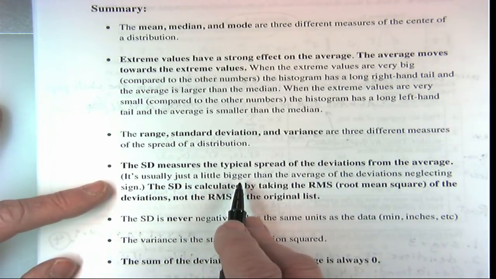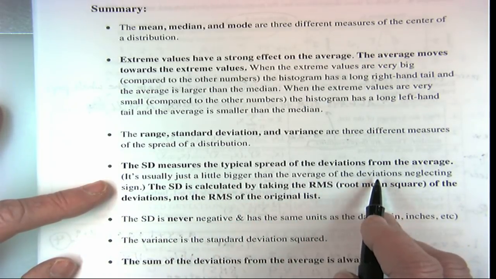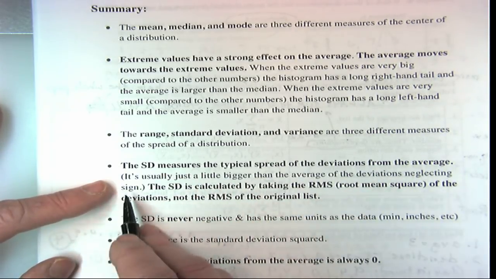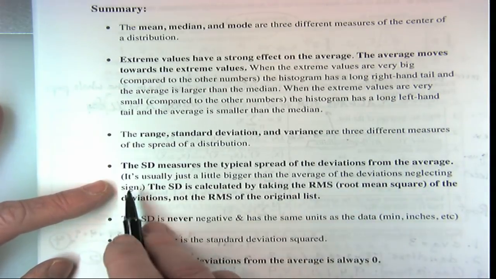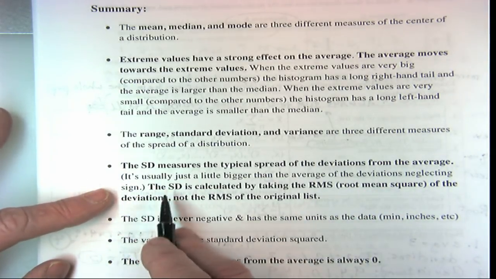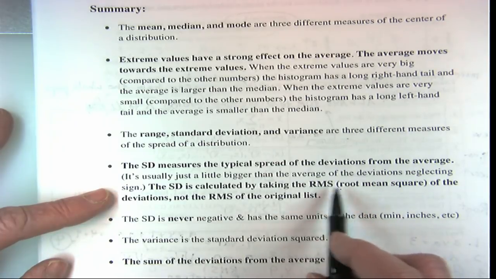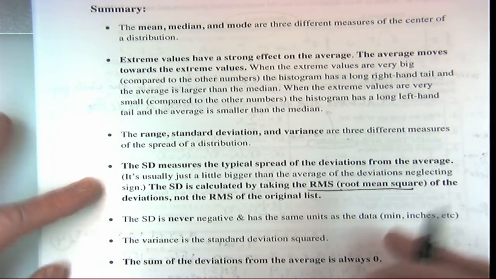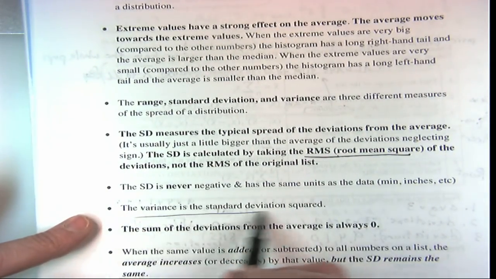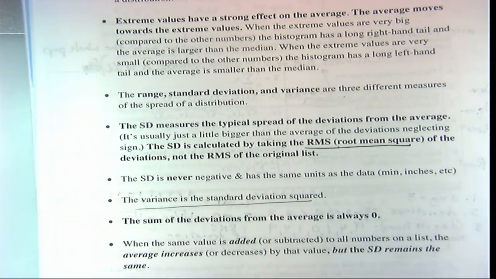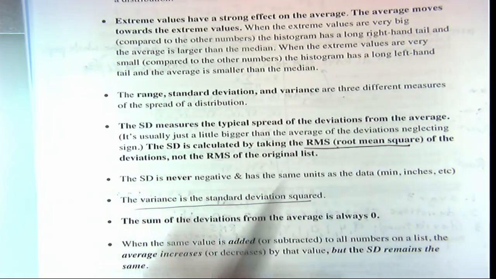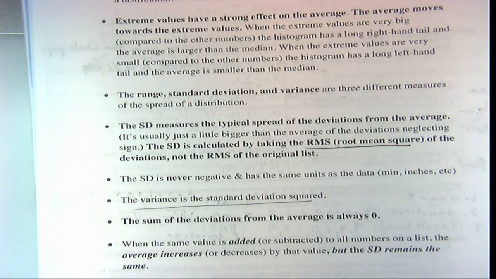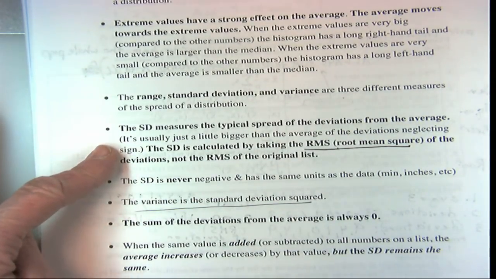It's usually just a little bigger than the average of the deviations neglecting sign. If you took the absolute value of it, it's just a little bit bigger. And it's calculated by taking the root mean square of the deviations. Okay? And the variance is the standard deviation squared. But it's a step on the way to finding the standard deviation. So it's easier if it's a step on the way.